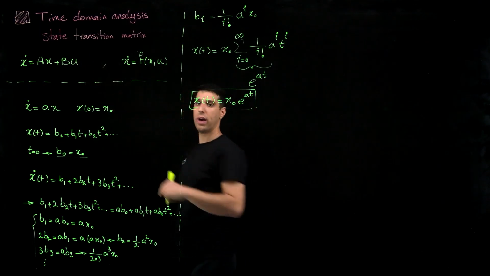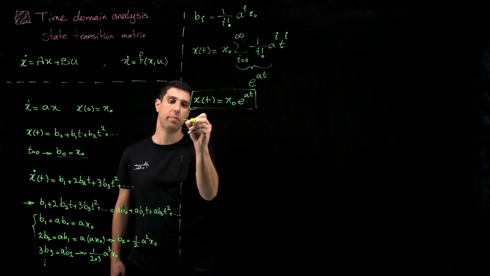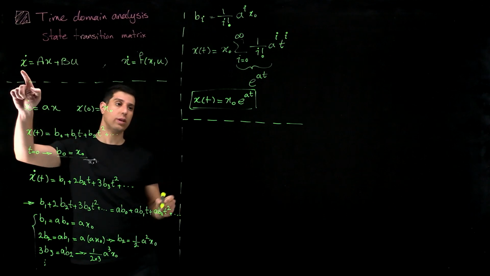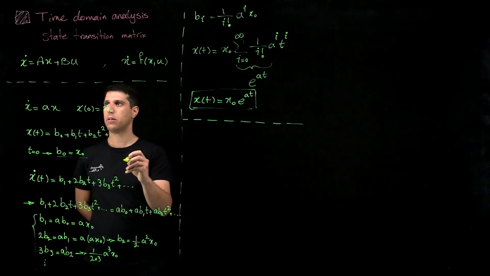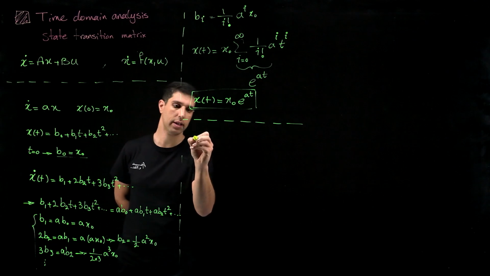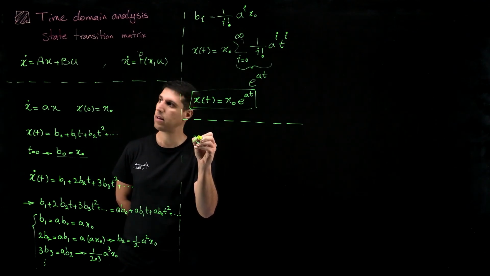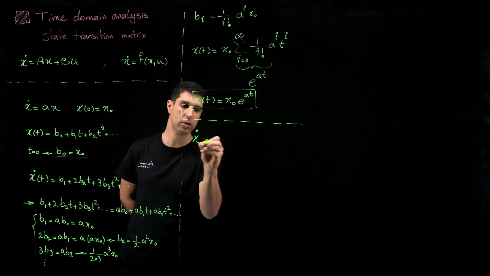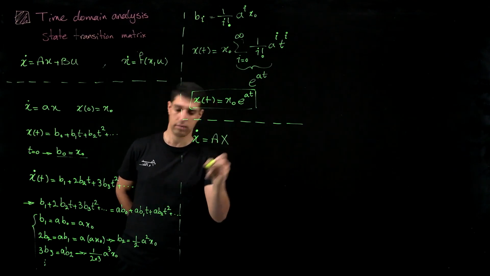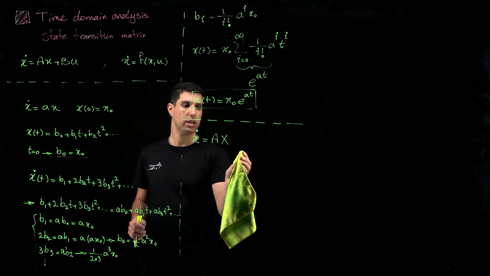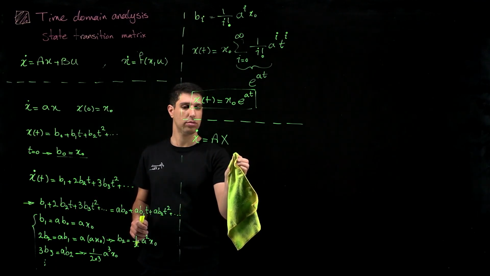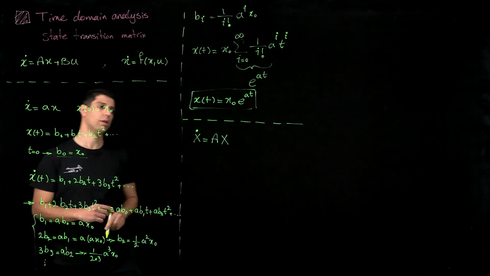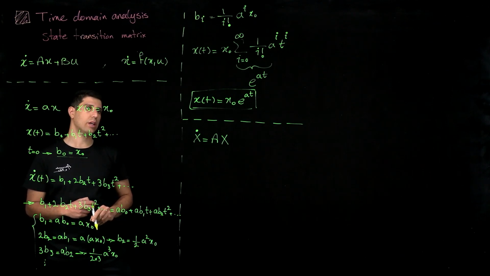Now it's time to go back to the matrix form. Okay, so let's start from here. Let me write it as vector x dot equals capital A x, so I don't have to worry about confusing it with the scalar case.